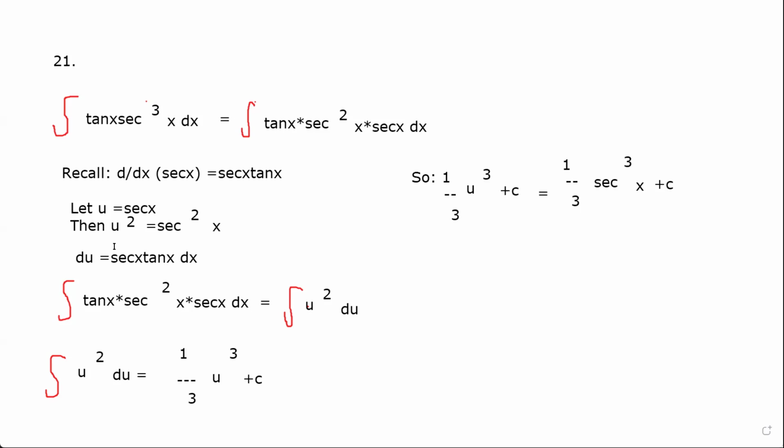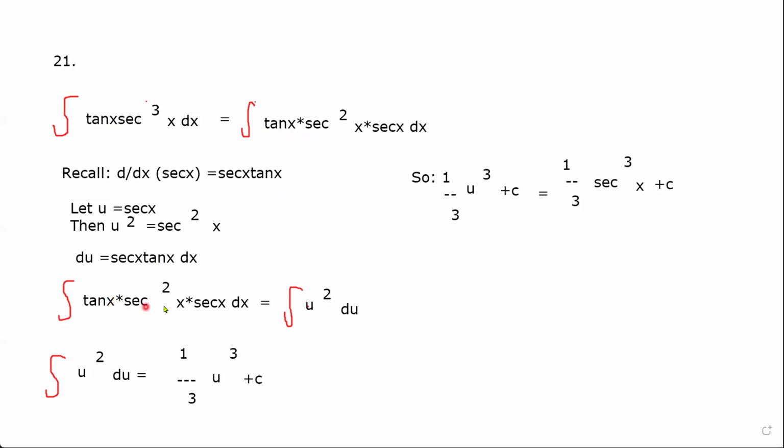At first you're thinking maybe that doesn't quite work, but you have tangent x times secant cubed. So if you rewrite this as tangent x times secant squared, you can see that the integral falls into place.